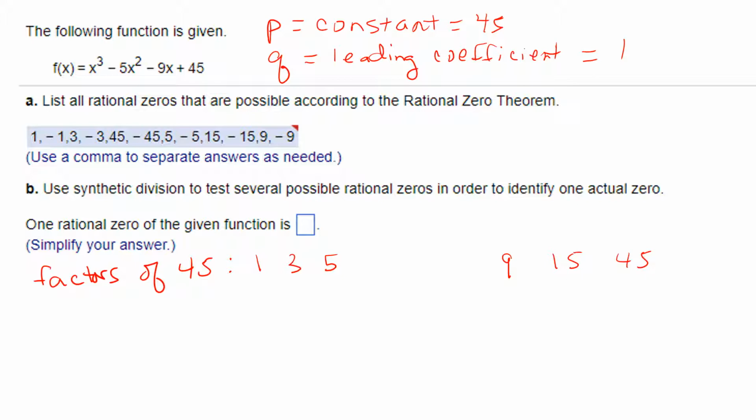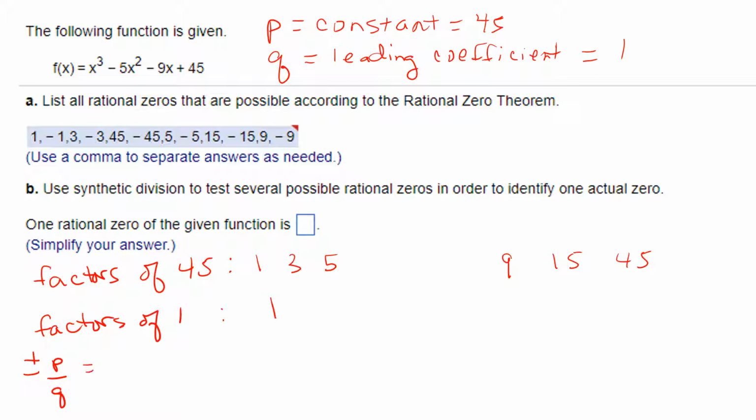Then I'm going to list out the factors of my leading coefficient. The factors of 1 is just simply 1. So finally, I'm going to do plus or minus p divided by q. I take every p value and divide it by every q value. For this one, it's pretty straightforward.